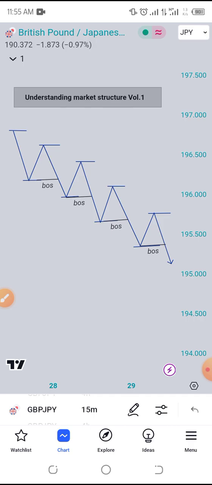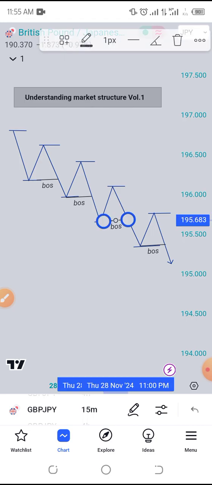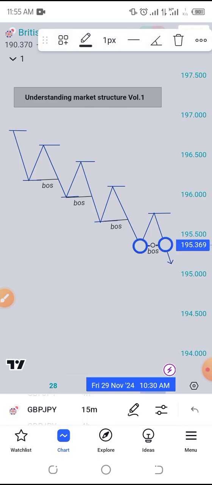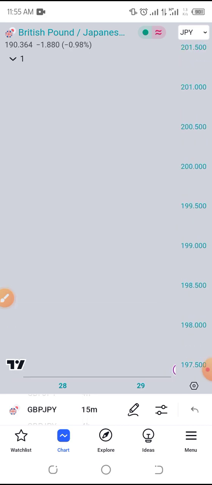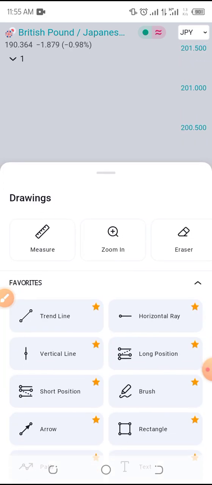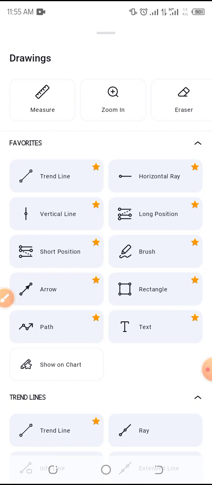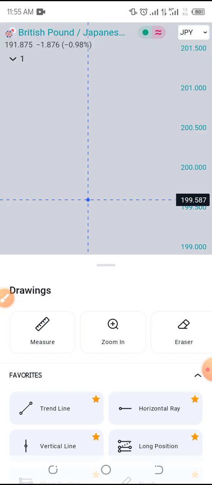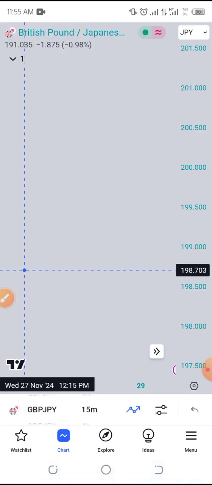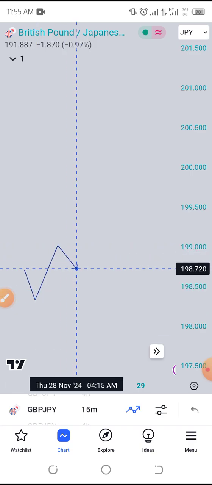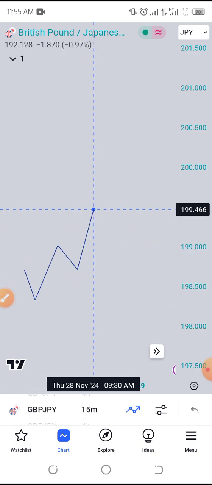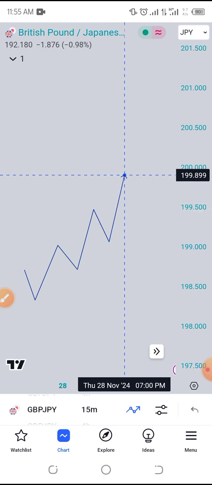Now let's do that of a bullish market. For a bullish market, for you to identify a break of structure, we want to see the market doing something like this, moving in this kind of wave.